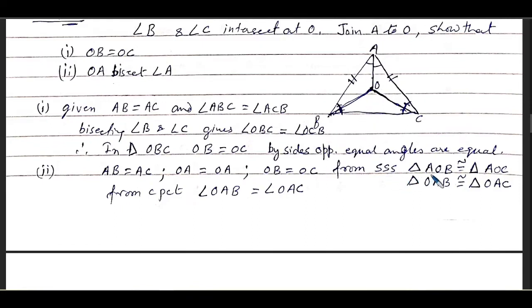So from SSS, triangle AOB is congruent to triangle AOC. So from CPCT, corresponding parts of congruent triangles, this angle has to be equal to this angle. So angle OAB equal to angle OAC.